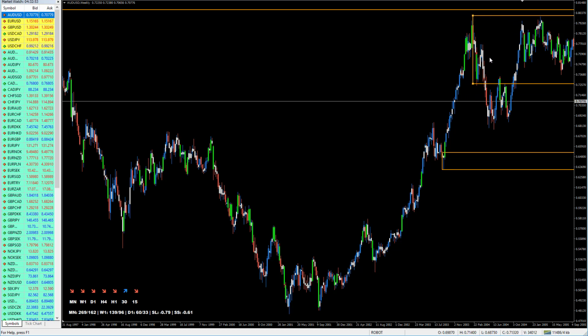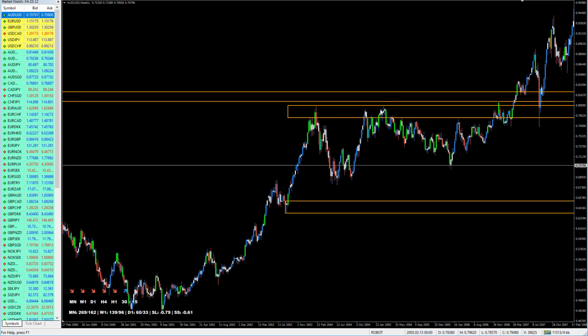We're going to move this to here, and we're going to use the bottom of the rectangle. We're going to have to put that on the deepest retracement back into this area, which is here. Okay, so we have that.